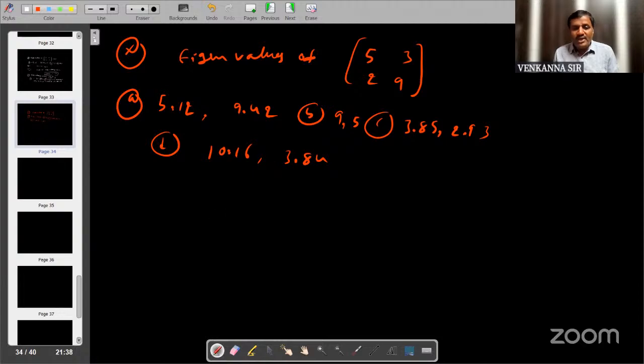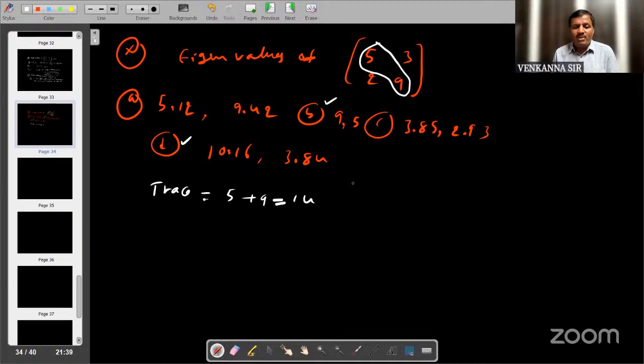See, sum of the eigenvalues is the trace here. What is the trace? Trace is 5 plus 9, which is 14. Which sum of eigenvalues is 14? B and D both are satisfying. But we have to go with another property.